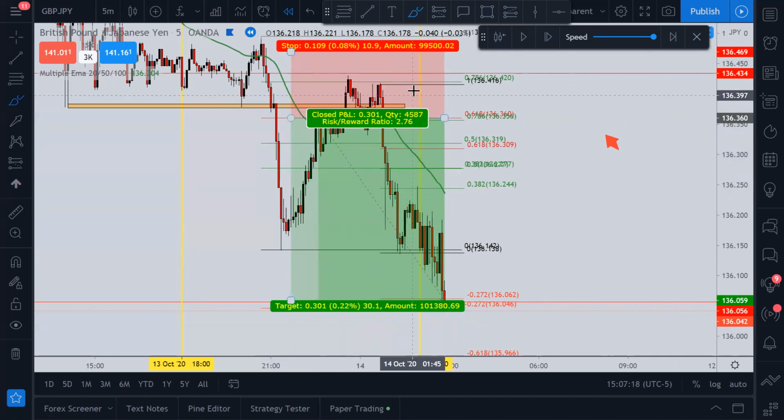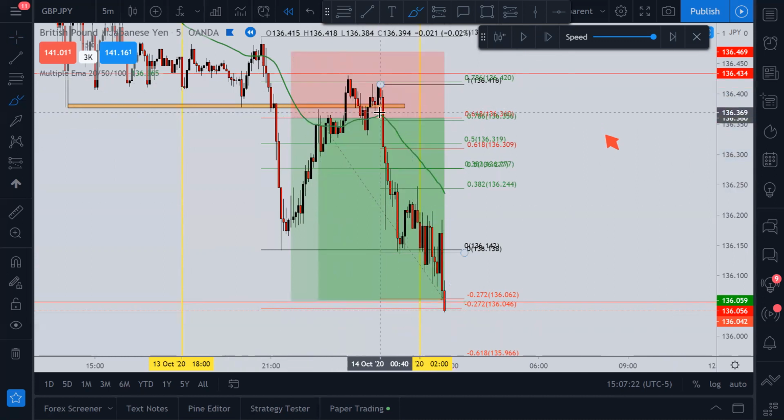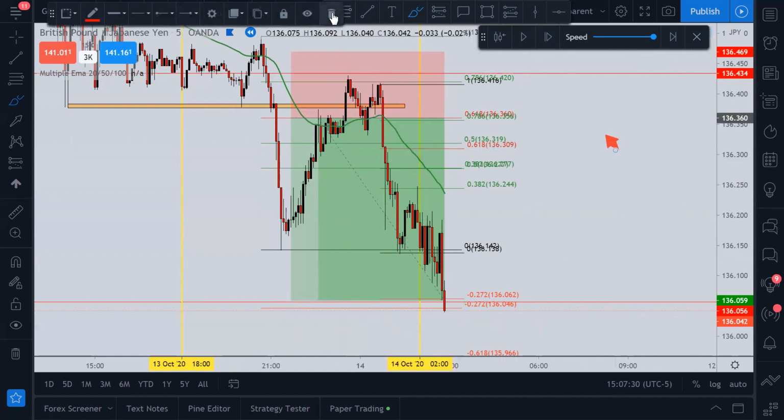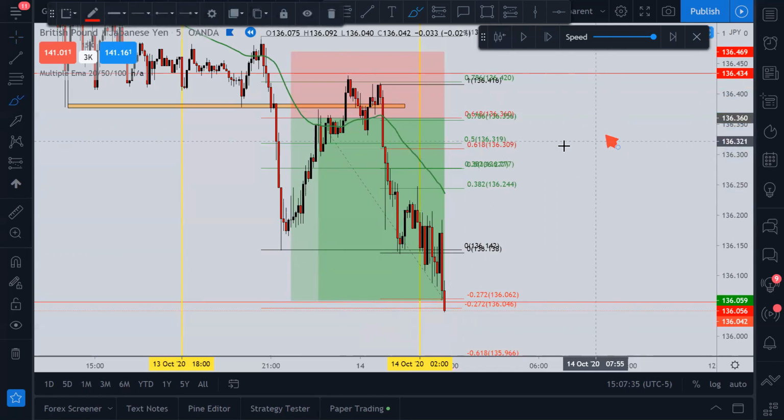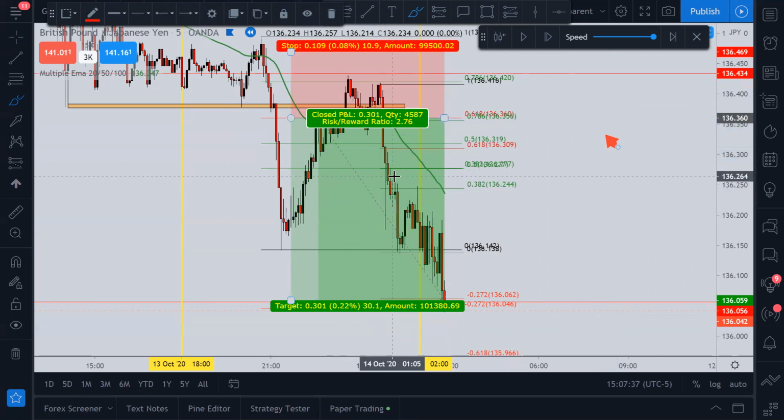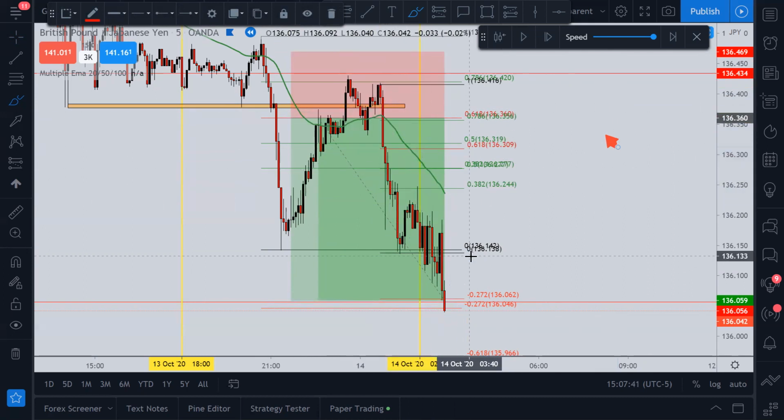Up until then, I get knocked out of a bunch of good trades because it comes back and hits me at break even at 1-to-1. 1-to-1 is a good trade management technique, but my experience has taken me to the point where I need more protection on that 1-to-1, because I get knocked out at break even and then it goes ahead and hits my TP too many times, and it's very frustrating, especially with great trades.